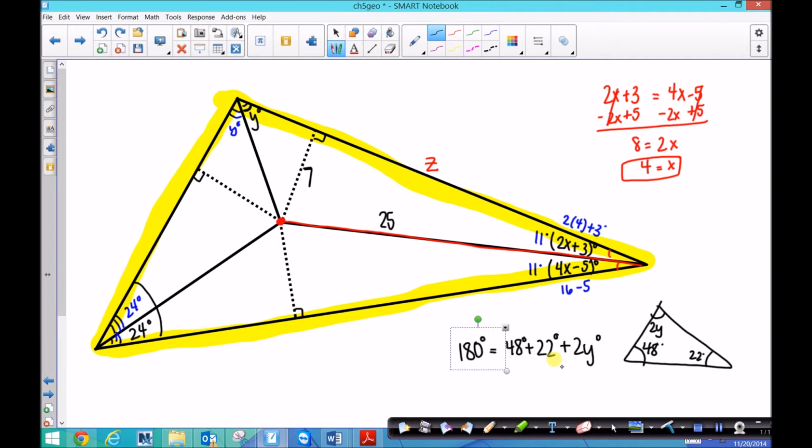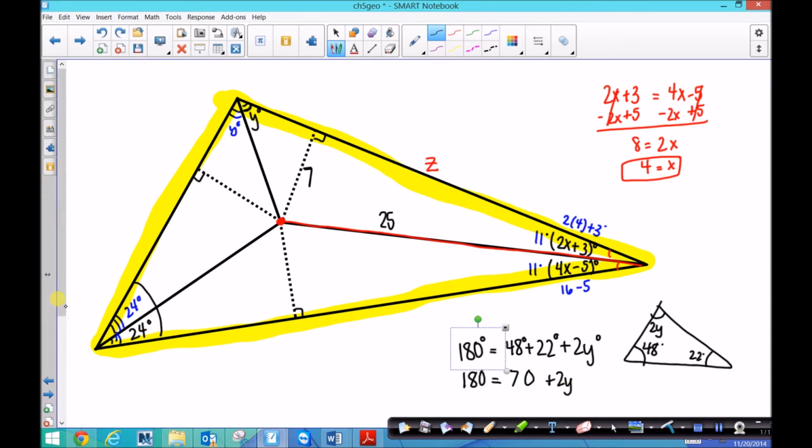So if we try and solve this for y, we can get 180 is equal to 48 plus 22, which is going to give us 70. Whoops. It's going to give us 70 plus 2y.